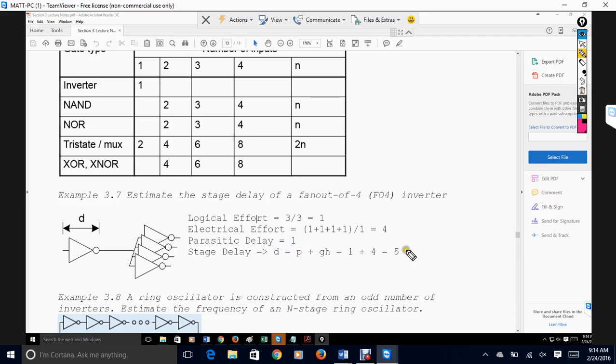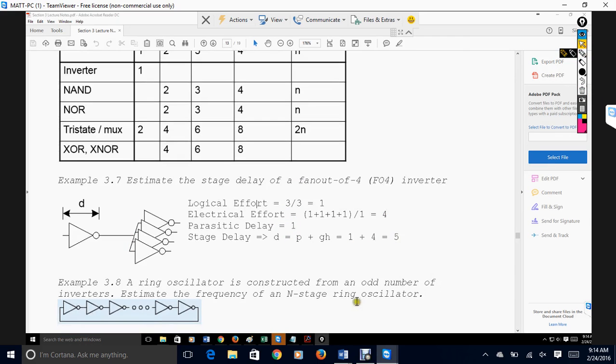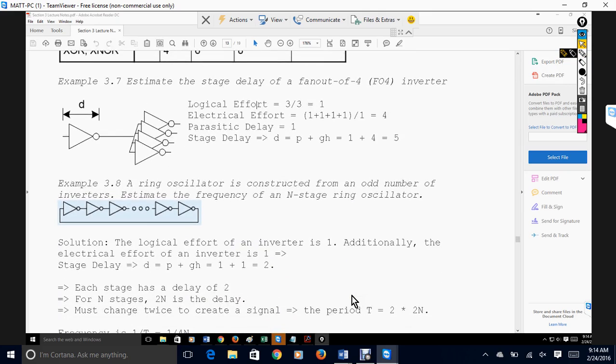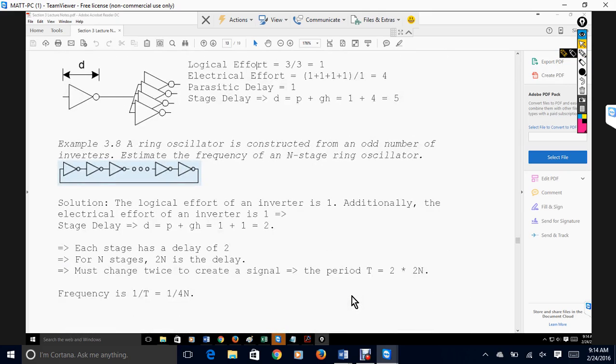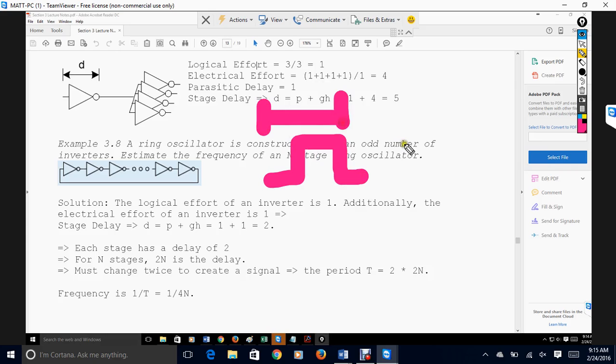And then we did the same thing with the ring oscillator, where we had some odd number of inverters in a ring. We had to calculate the frequency. The first thing we did was calculate the stage delay. Here we have 1 times 1 over 1 plus 1, which became 2. The period is 2 of those, since each stage delay is 1 change, so 2 of them is going to be 2 changes.